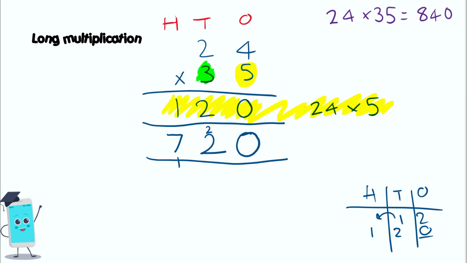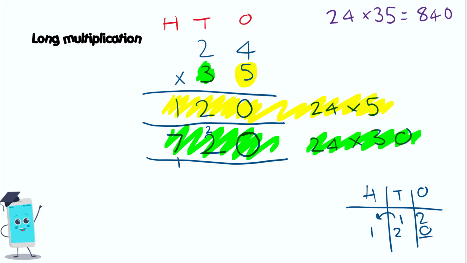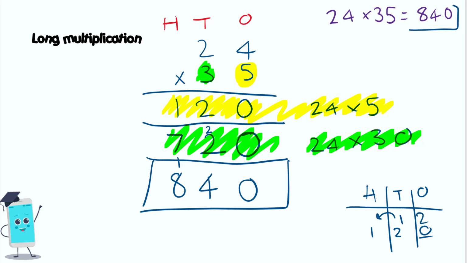So now we add. So we've got 24 times 5 and 24 times 30. We've done it separately, and then now we add. 0 and 0 is 0, 2 and 2 is 4, 1 and 7 is 8. Can you see it is the same answer both times?